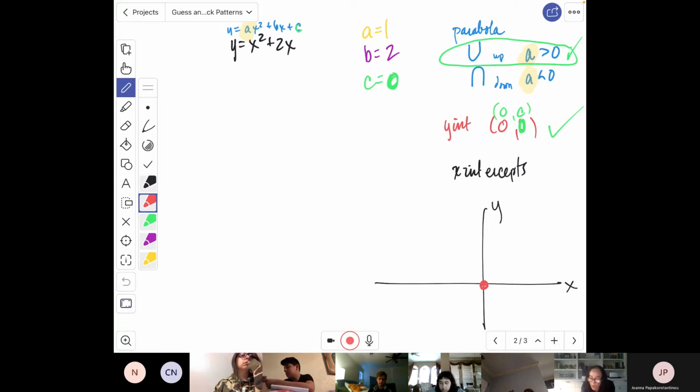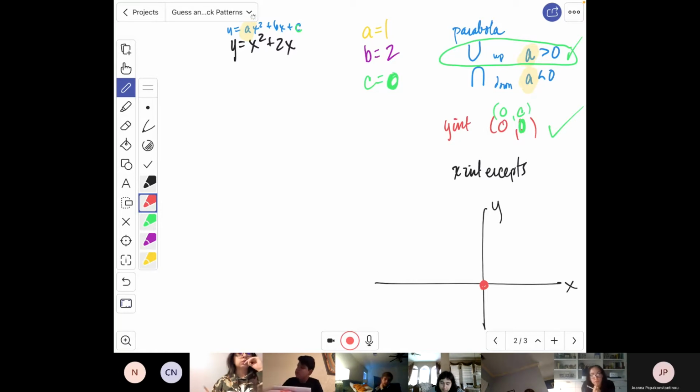Beautiful. So since this is a quadratic equation, how many solutions should I have? I'll stick with the word solutions. How many roots should I have since it's quadratic? How many potential values of x? 2.